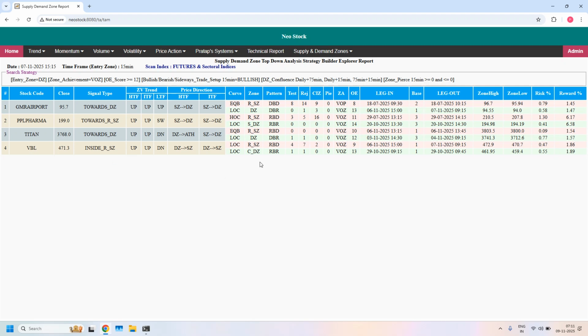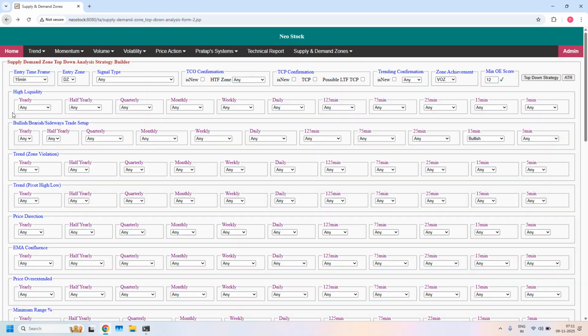In these 4 stocks, all these 15 minutes demand zones overlapped with 75 minutes demand zone, both together overlapped with daily demand zone. And daily trend, that is HTF trend, is uptrend in all the 4 stocks. Let's again filter based on daily demand zone having daily EMA Confluence on those 4 stocks.